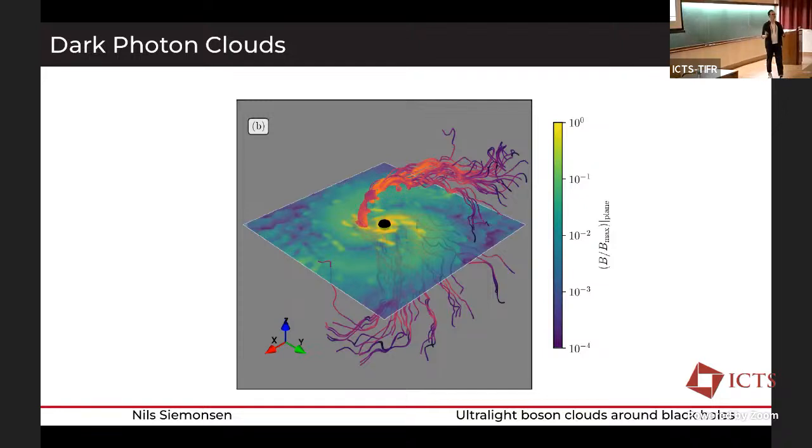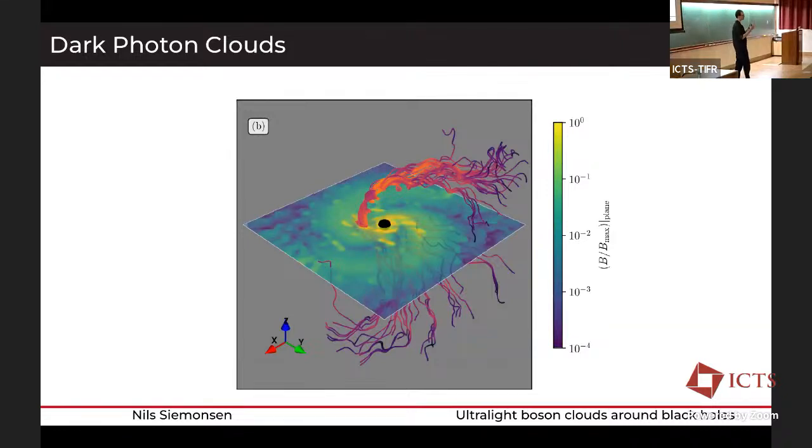I'll get into the details of exactly what that means. But if it couples to the standard model in a particular way, then you can see magnetic field lines emerge that thread a plasma around the black hole. It turns out this is in a particular turbulent state, and it also emits a lot of X-rays. So on top of gravitational signatures, we can also look for EM signatures, so we can have a multi-messenger observation of these systems.